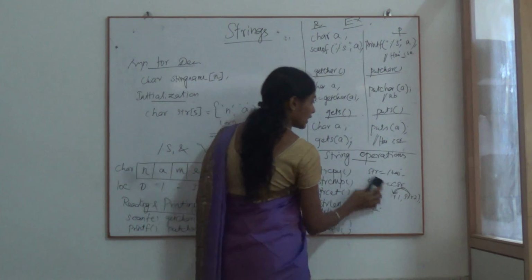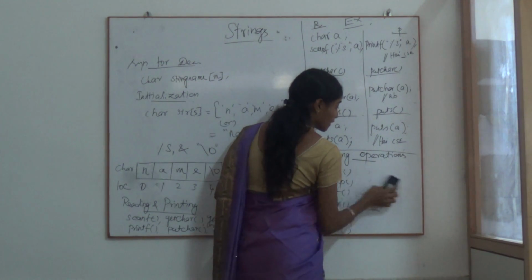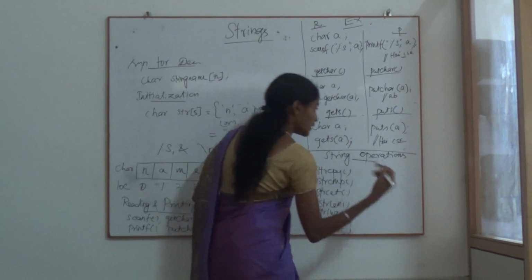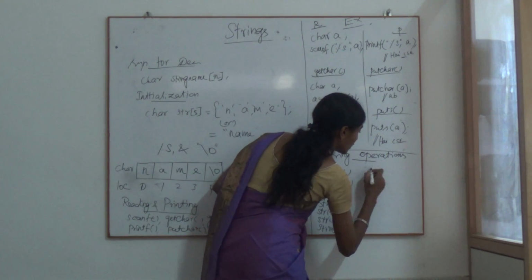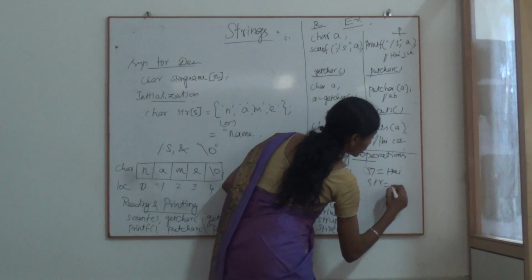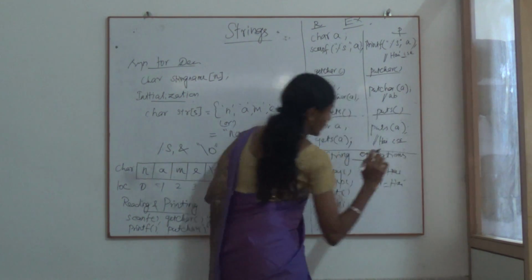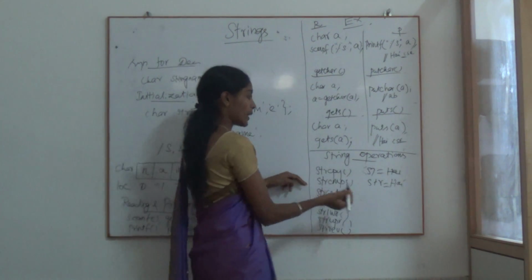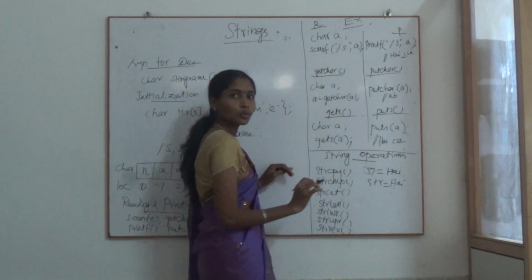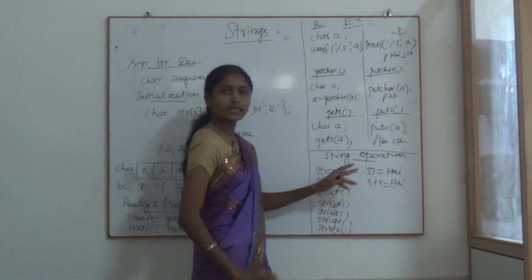Then the output will be CSE. The next one is the string compare function, which is used to compare two strings. For example, string 1 equal to hi and string 2 equal to hi. It compares character by character. If the two strings are equal, it returns 0.